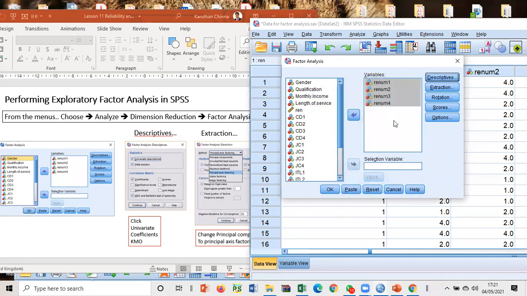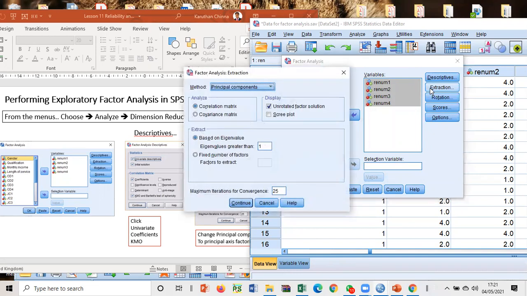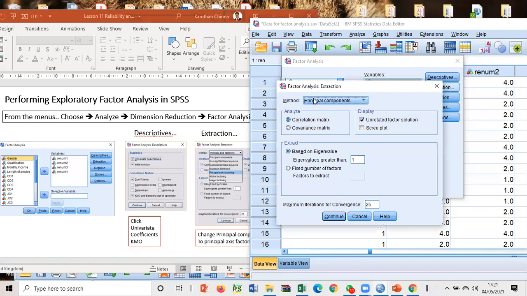Next, go to extraction. The principal component is for formative indicators. Ours, are they formative or reflective indicators? Reflective. So don't use principal component.